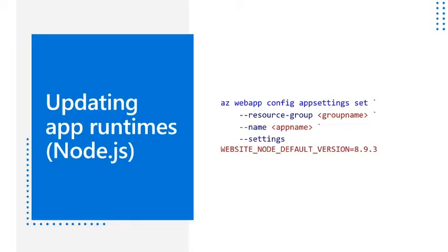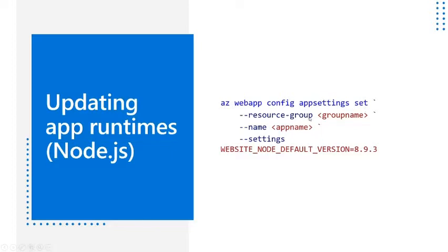Updating app runtimes in Node.js. Web app does not have a built-in mechanism to update Node.js runtimes. Instead, you can use az webapp config appsettings set, because it does not have a direct update for Node.js. You have to do it this way.